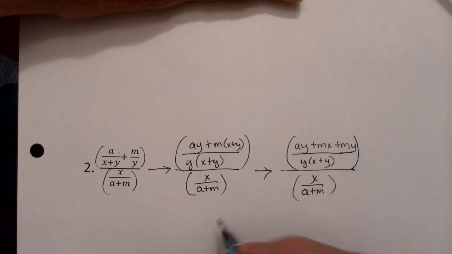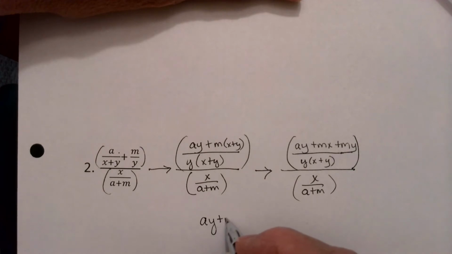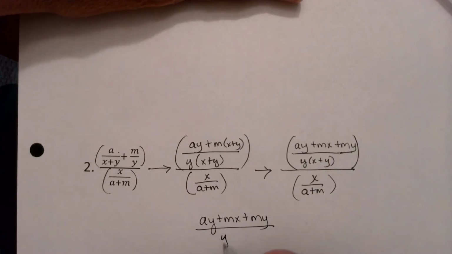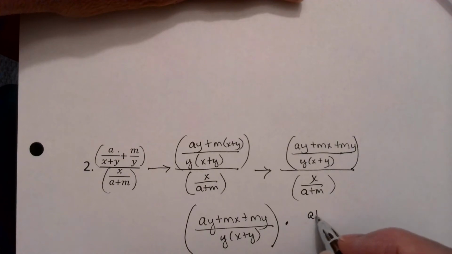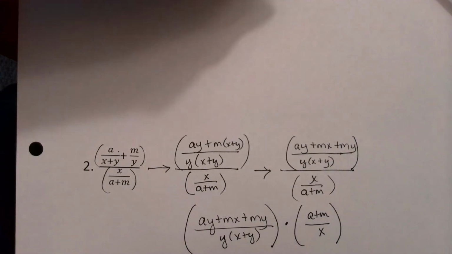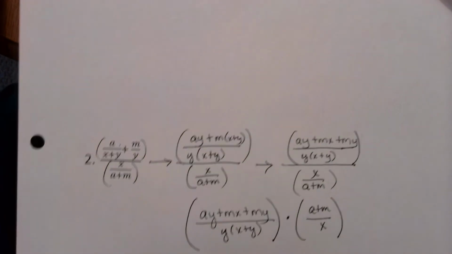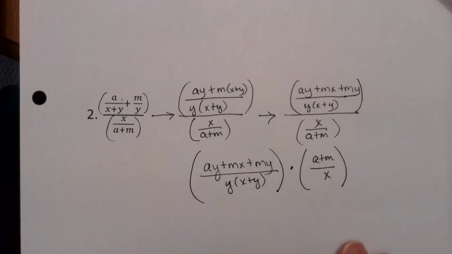So I'm going to take my top one. We'll take that one, and I'll multiply it by the reciprocal of the bottom. Okay, now this one's just sort of messy, isn't it?